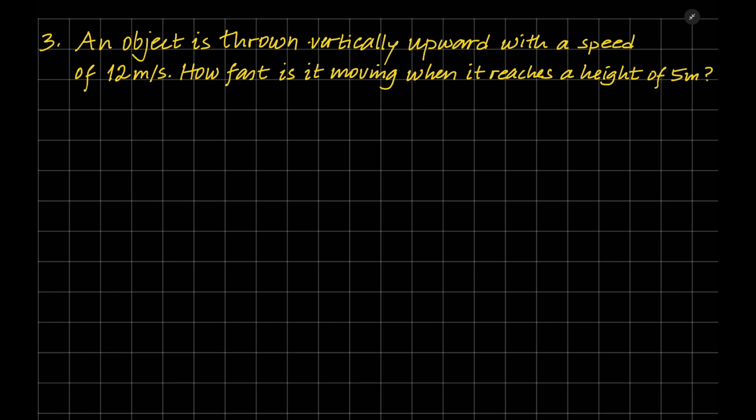Again, let's draw the diagram of motion. Say the ball is thrown upward. Direction of motion: upward, then it's downward. Say the ball is here.